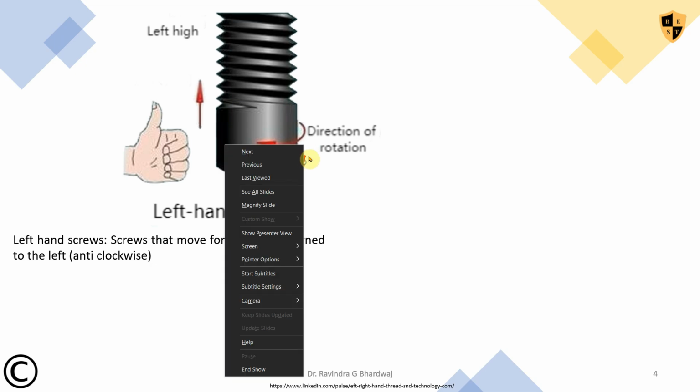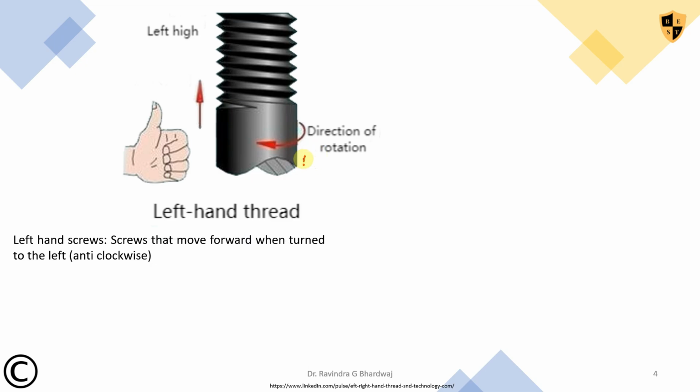This is the right side and this is the left side. So if you turn the screw from right to left and it moves forward, it is called a left-handed screw.